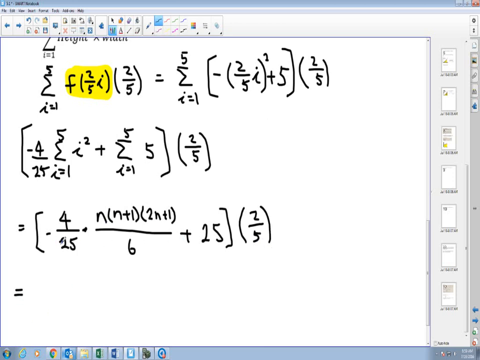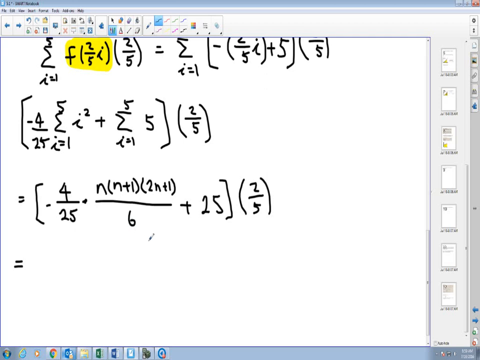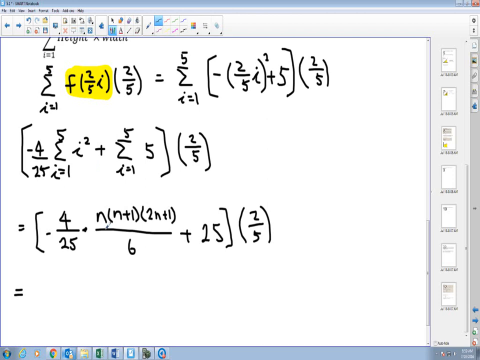So there's a different way to go about simplifying this. My n was 5 this whole time, so I'm going to put 5 right here. So that's negative 4 over 25 times n, which is 5, times 5 plus 1, which is 6, times 2 times 5, which is 10, plus 1 is 11, over 6. And plus that 25.